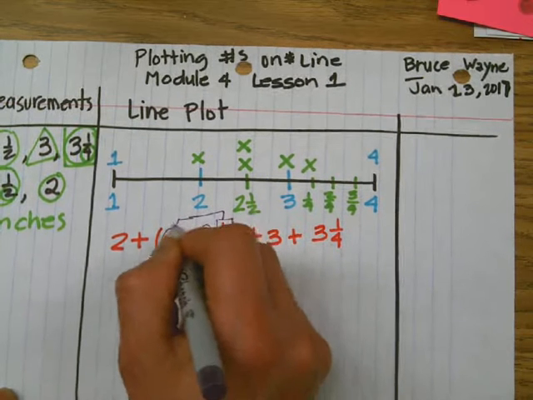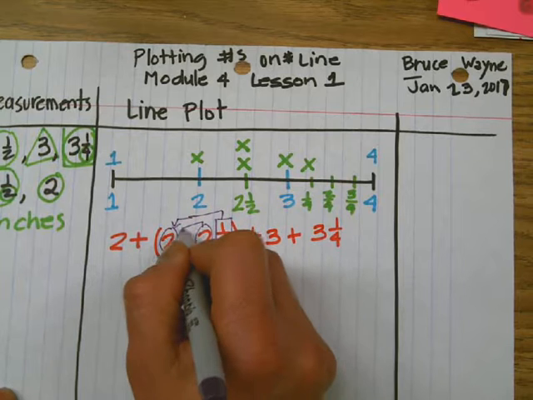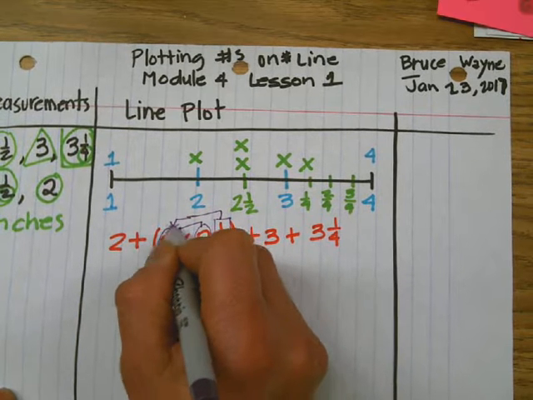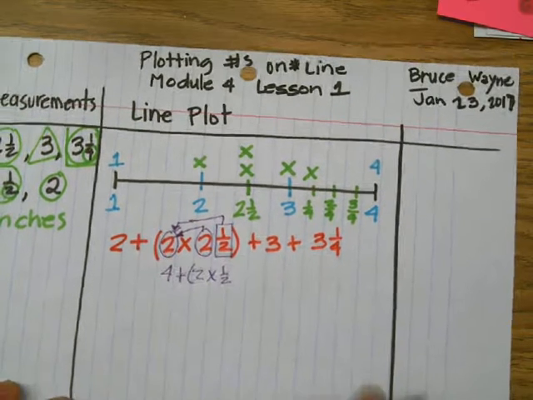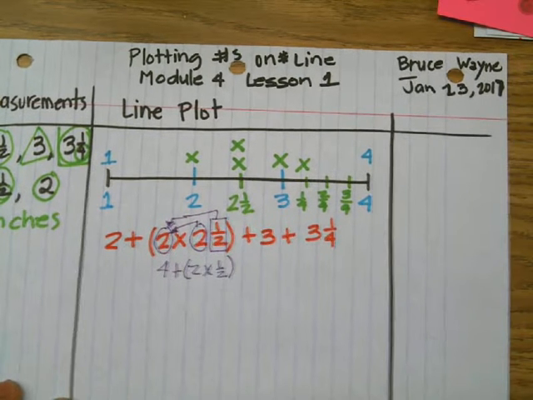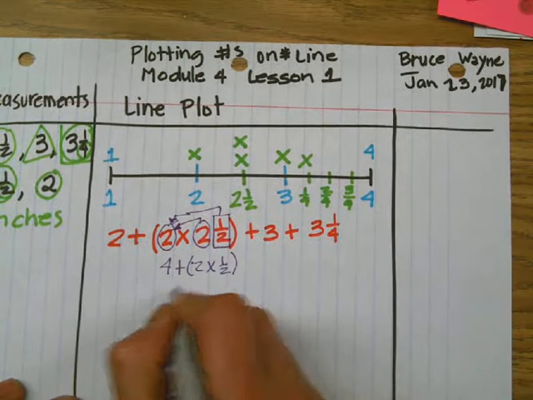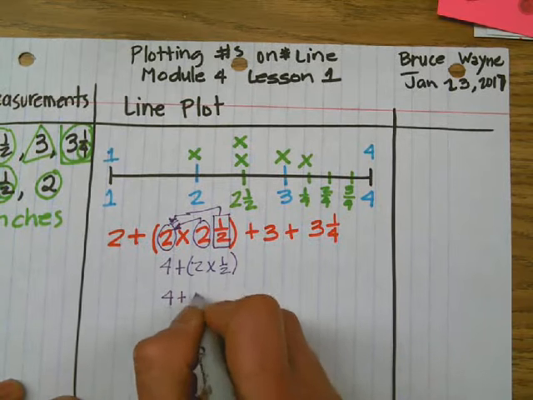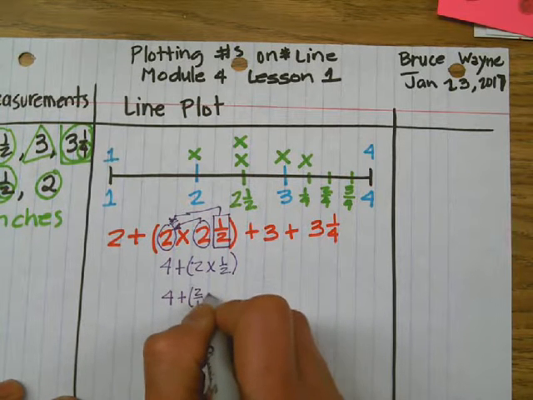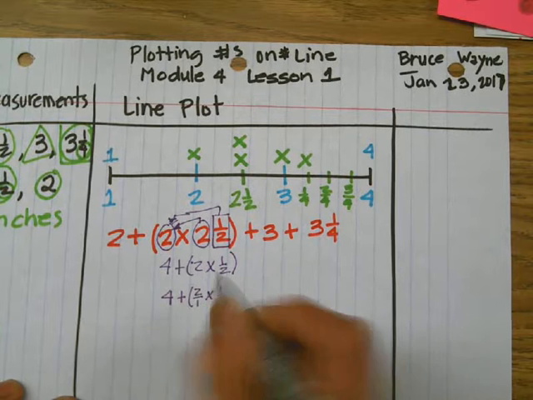And the 4 comes from multiplying these 2 numbers. Okay, my friends? So now, let's do the multiplication right here. This is going to be 4 plus, we have to add a 1 to the whole number to make it a fraction. So right here, we have to make the whole number a fraction.